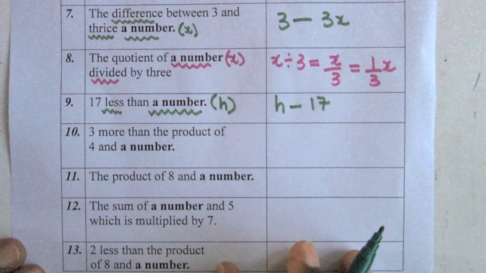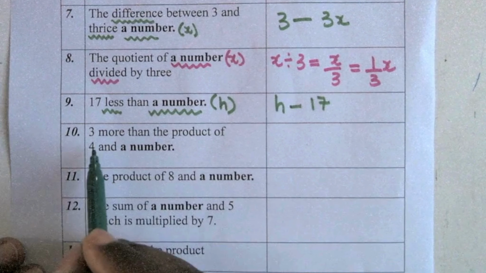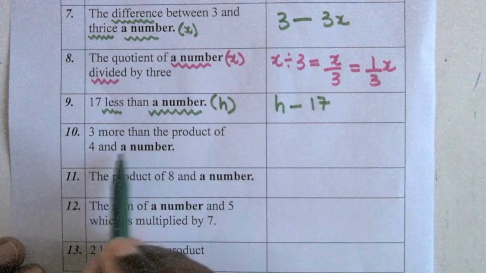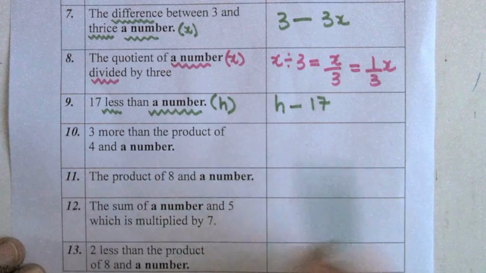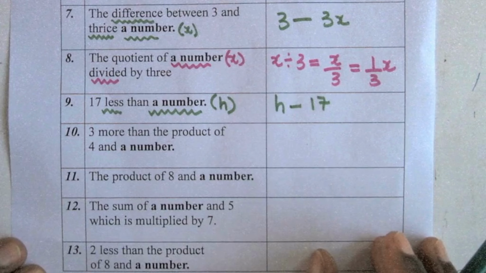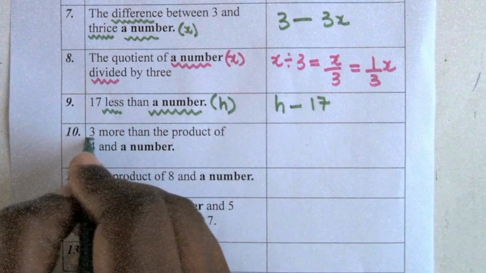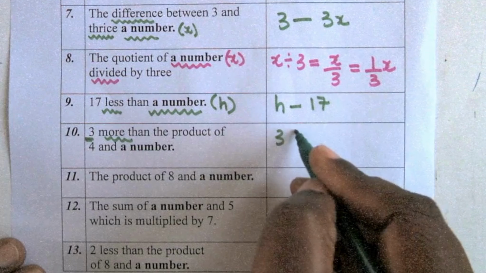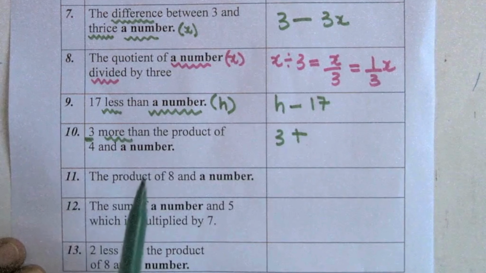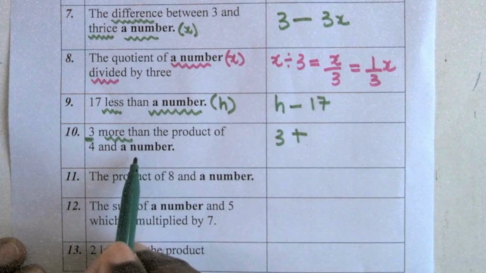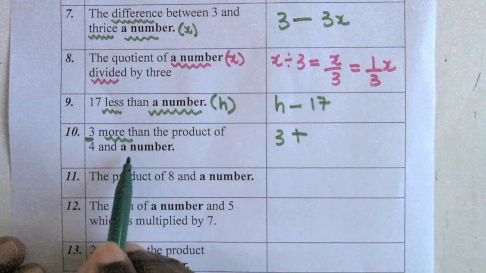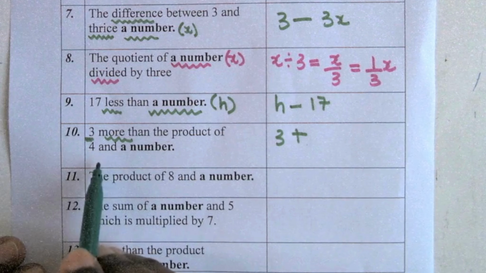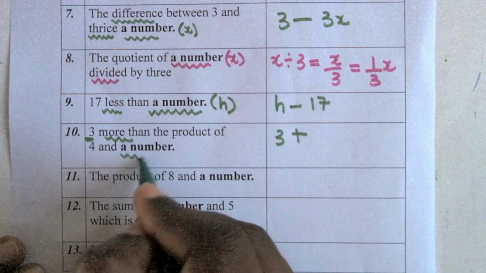In the next question, it reads 3 more than the product of 4 and a number. 3 more than is represented by plus. The product of 4 and a number.